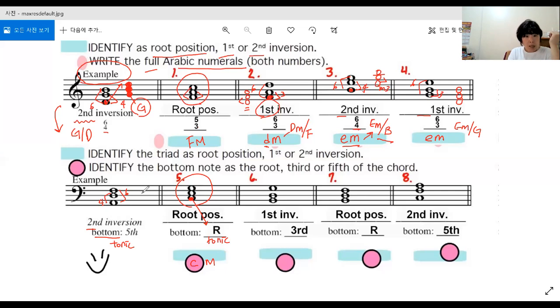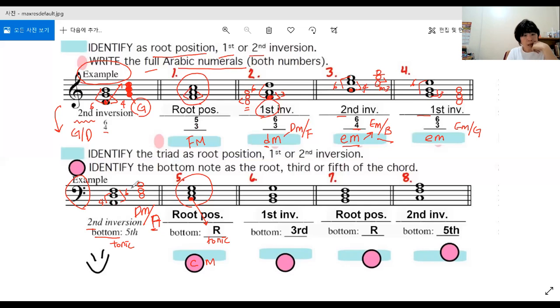Then D, F still remain, but this is A. You put it on the top. This is bass clef, right? So this is D minor chord, right? But slash A, because it's the second inversion.